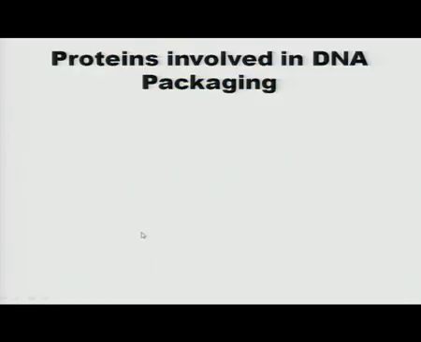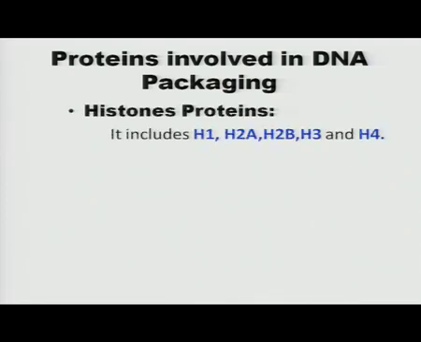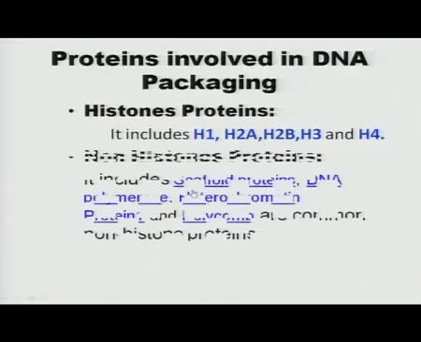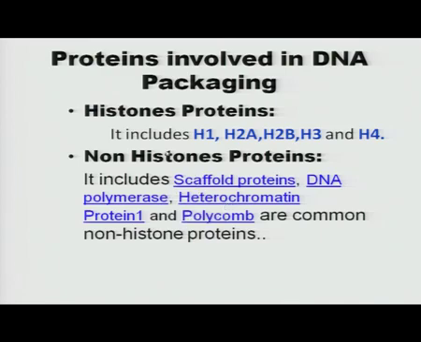The proteins involved in DNA packaging: the first is histone proteins. There are 5 types of histone protein: H1, H2A, H2B, H3 and H4. These are the 5 types of histone proteins involved in packaging of the DNA. The second group is called non-histone proteins, which also directly or indirectly help in the packaging of the DNA.